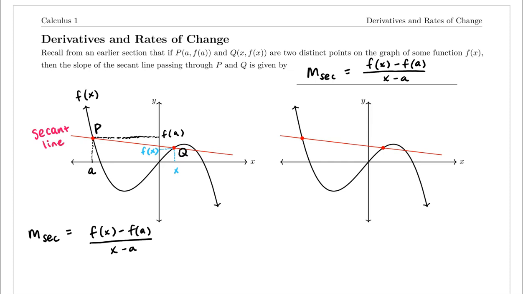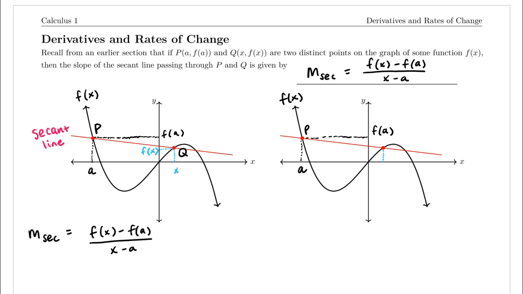Now, I'd like to do this same thing, except we're going to define our ordered pairs for P and Q slightly differently. Well, P is going to stay the same, so the x-coordinate for P will be a, and the y-coordinate will still be f of a, because we still have our function f of x here. But now I'd like to define my other ordered pair slightly differently.